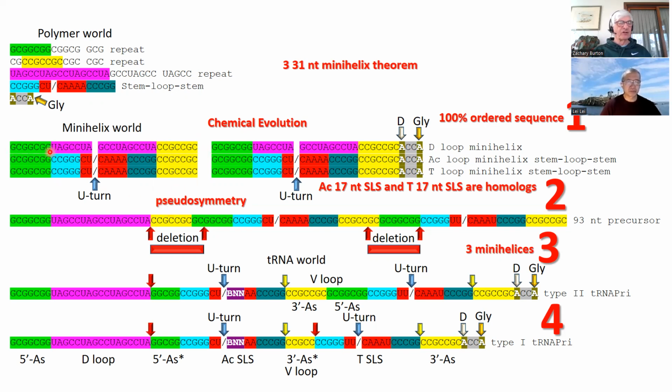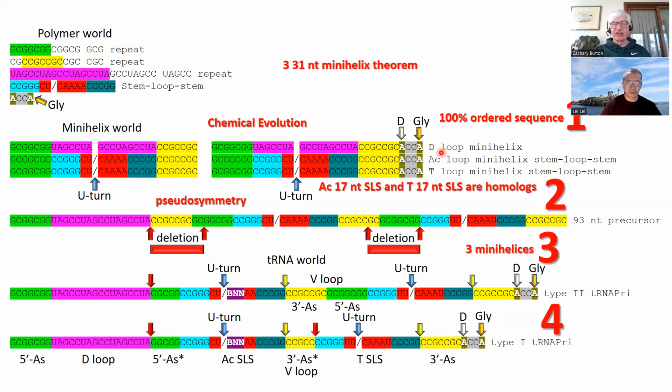And so this can form a stem loop stem, and this can form a stem loop stem where that's the loop. This is 7 nucleotides long. That's 7. 7 plus 7 is 14, plus 17 is 31. And these are stems of 5 and a loop of 7. So that's 17, and that's 17. This sequence and this sequence are identical.